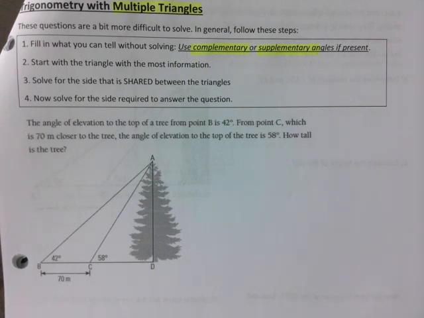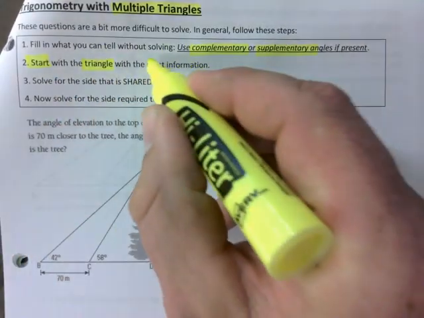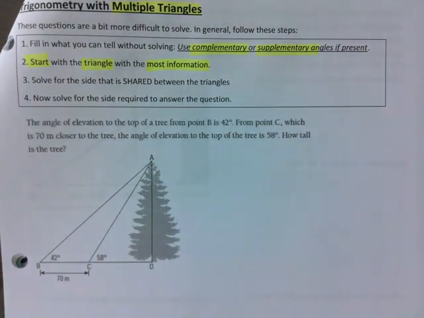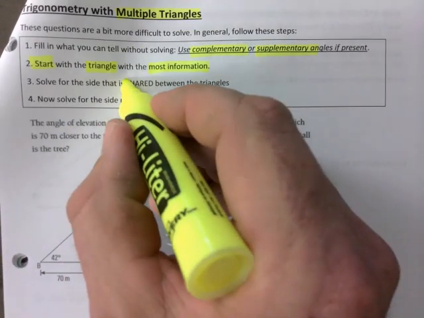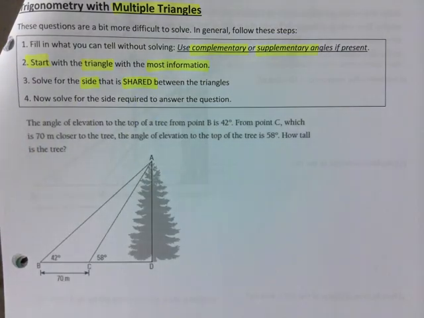Second step, start with a triangle with the most information. So start with a triangle that has the most information already present. Third step, solve for the shared side, right? The side that is shared, focus on that one, the one that they have in common.